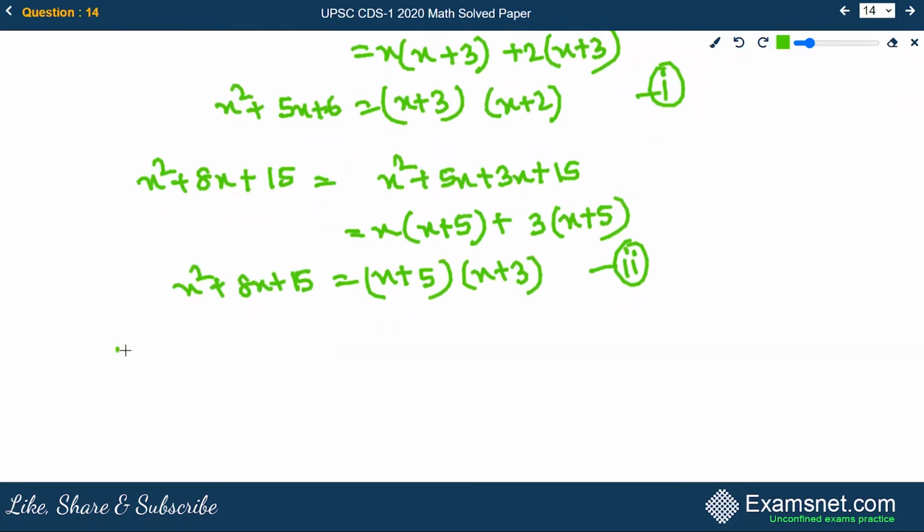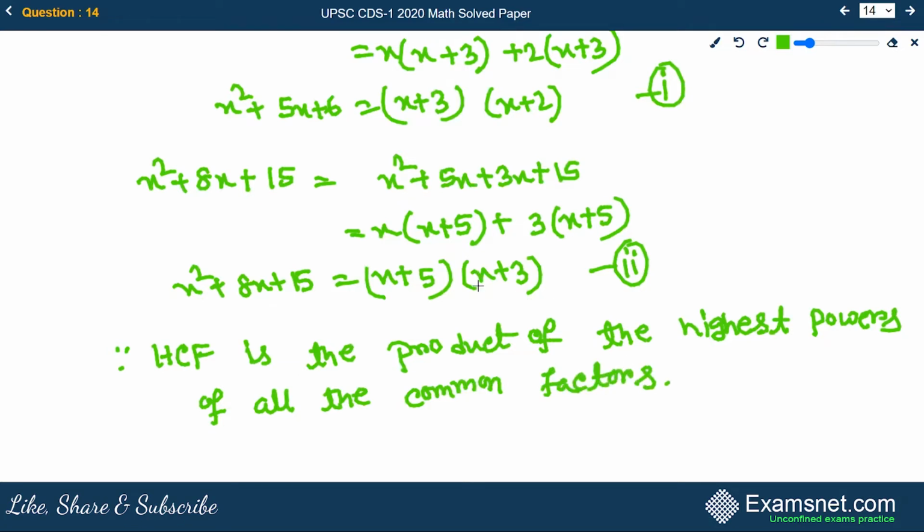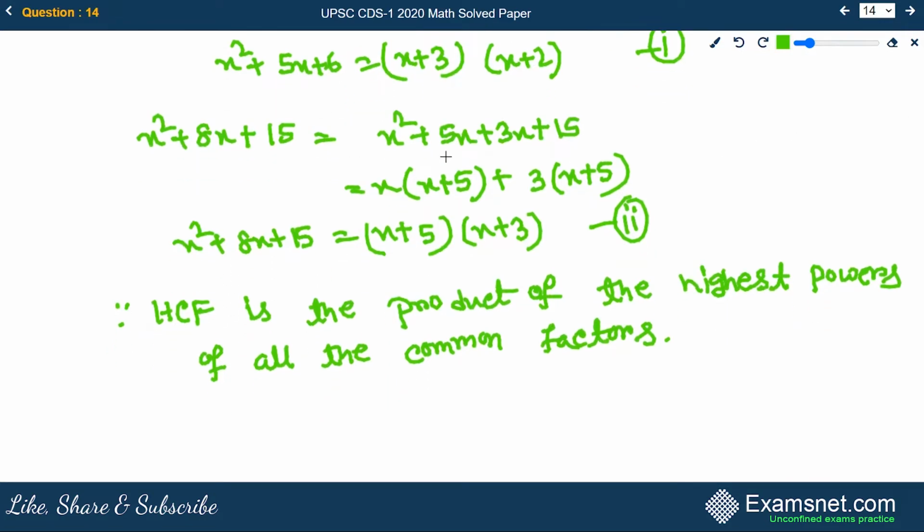Since HCF is the product of the highest powers of all the common factors, here we can see the HCF of x square plus 5x plus 6 and x square plus 8x plus 15 is x plus 3.